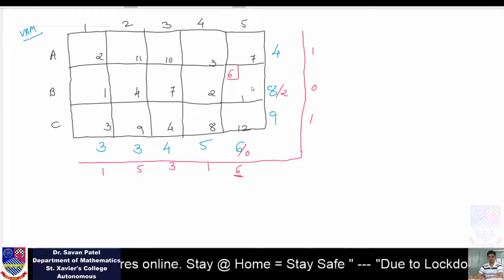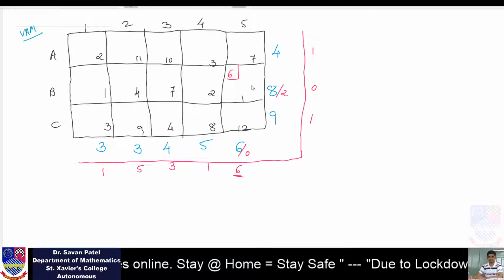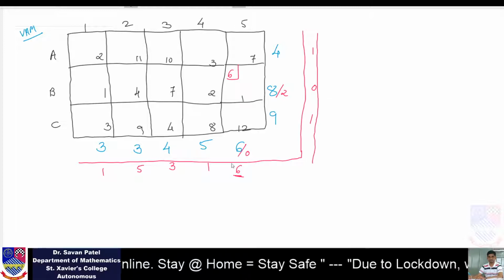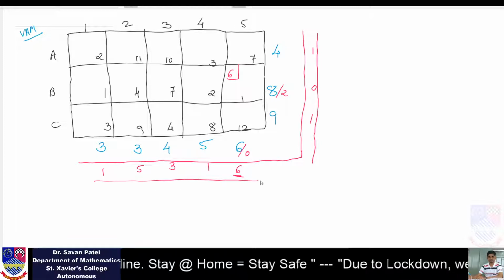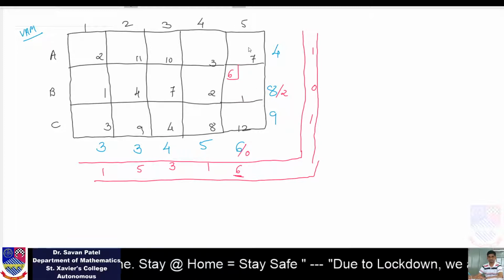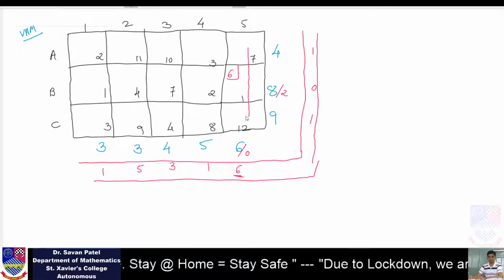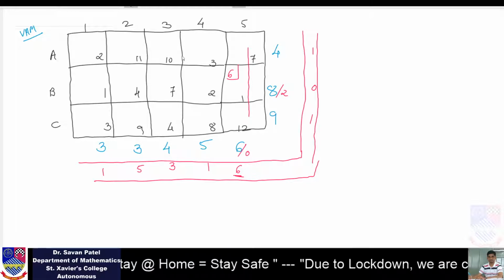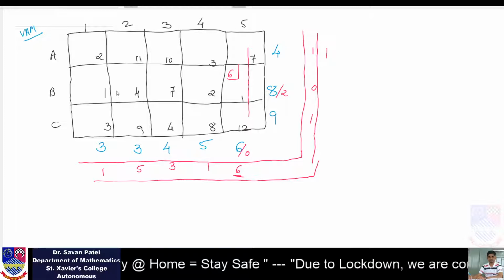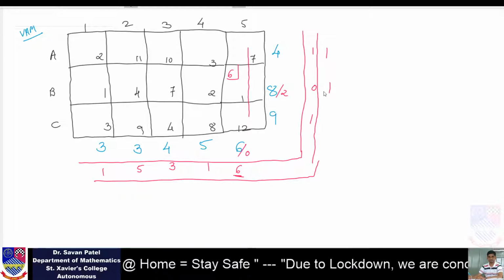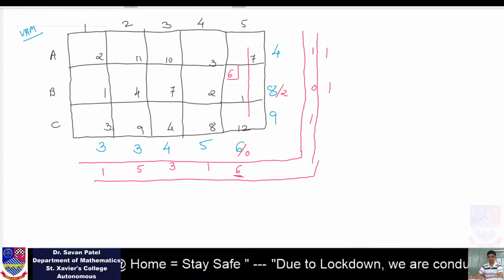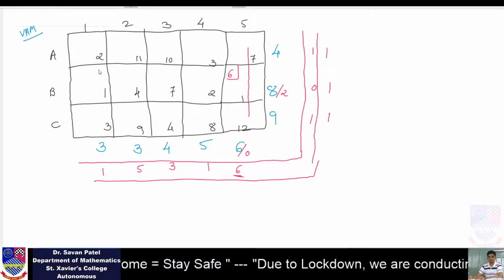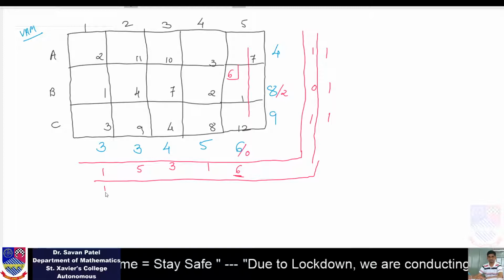Then again we will continue the same process. For Vogel's approximation method, this is 0, so the corresponding column is now removed. So again the minimum is 2 and 3, so the difference is 1, minimum is 1 and 2, so the difference is 1, minimum of this row is 3 and 4, so the difference is 1. Here the column differences will not be changed, so it is 1.